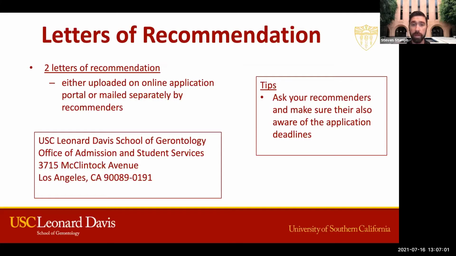If your recommenders are unable to submit their letter of recommendation through this link, please reach out to your admission counselor or myself, and we can help guide you through the steps. If they also choose to submit their letter of recommendation via physical mail, the letter can come to this address that's listed here.